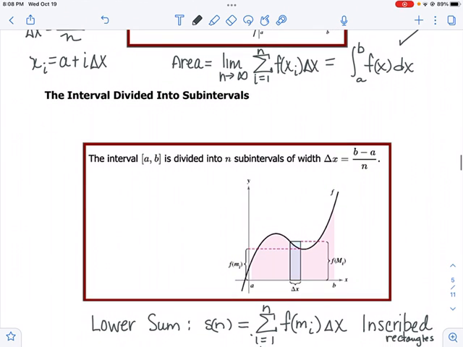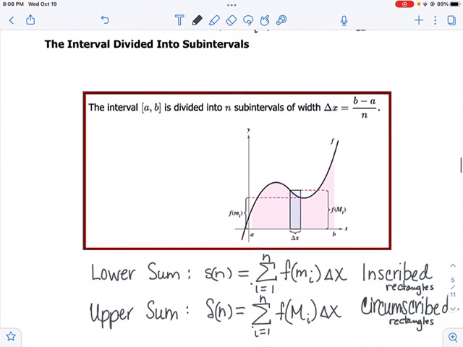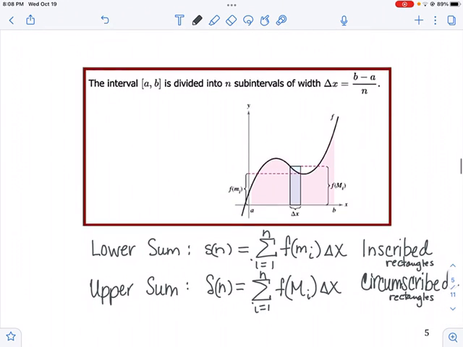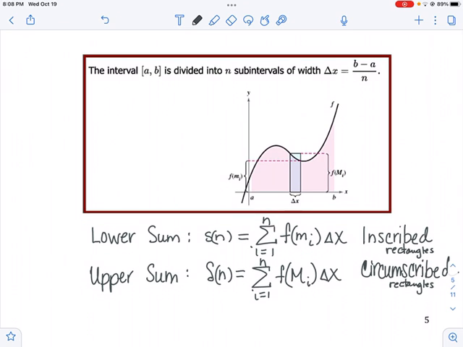So if we look at the interval from a to b, it is divided into n subintervals, and the width of each subinterval would be (b minus a) over n. Now for the lower sum, f of lowercase m sub i gives you the lowest height of each rectangle, and f of capital M sub i gives you the maximum height of each of the rectangles.